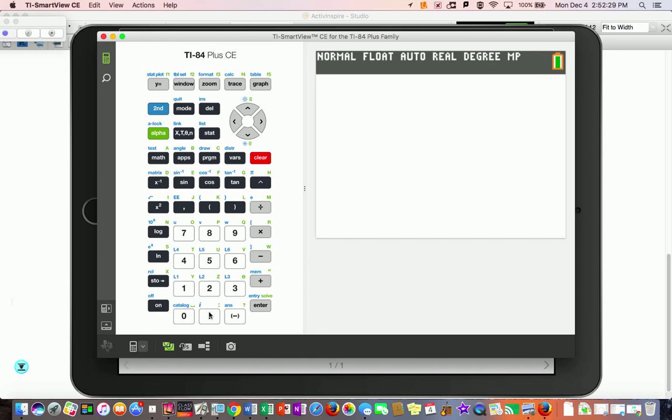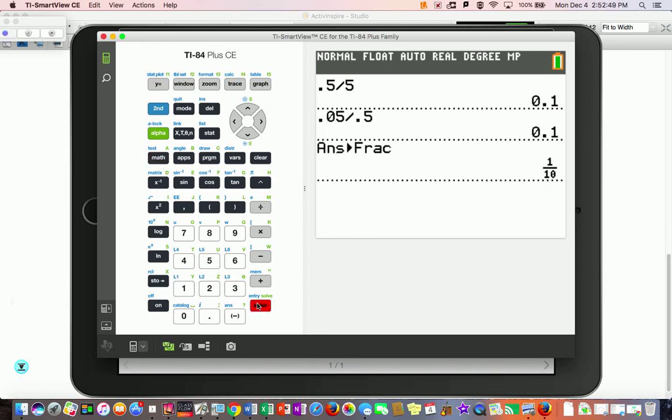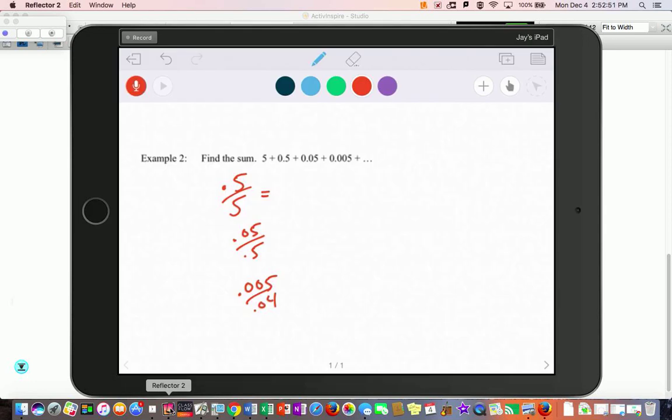So if you take your 0.5 and you divide by 5, you can call it 0.1, or you can hit math, enter, and then you do your 0.05 divided by 0.5. You keep getting 0.1, or like I said, math, enter, 1/10. So whatever you want to call it, R is 0.1 or 1/10.